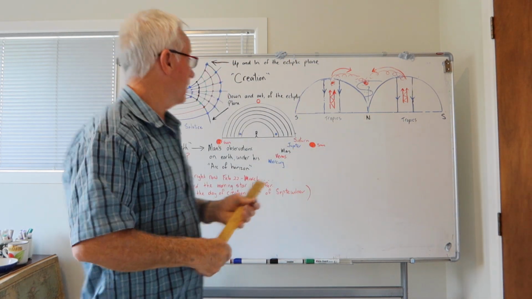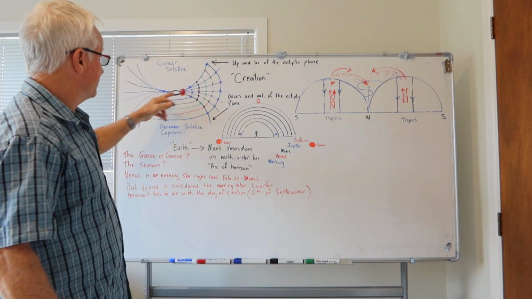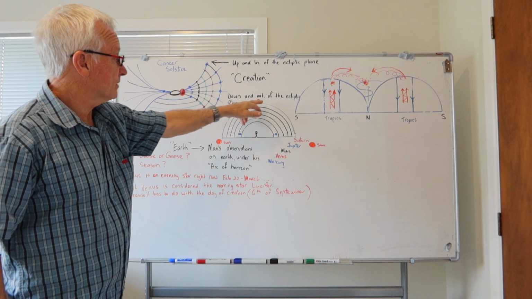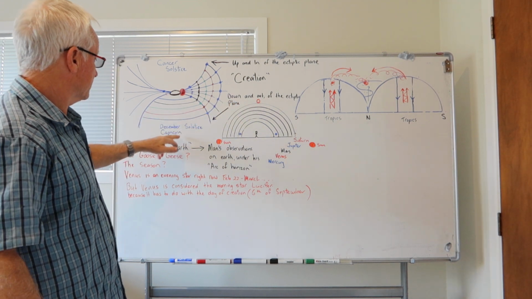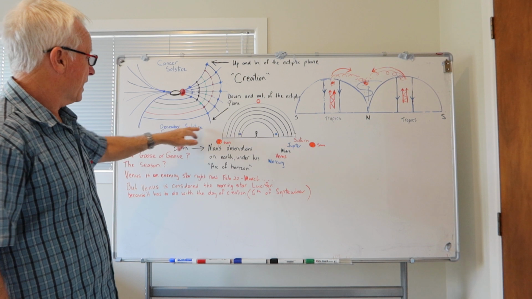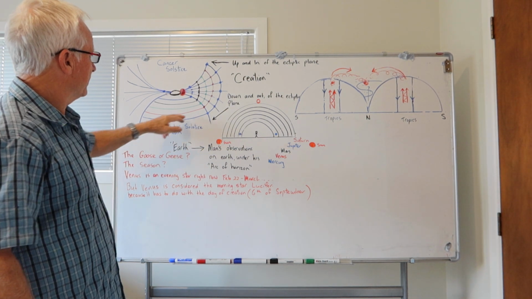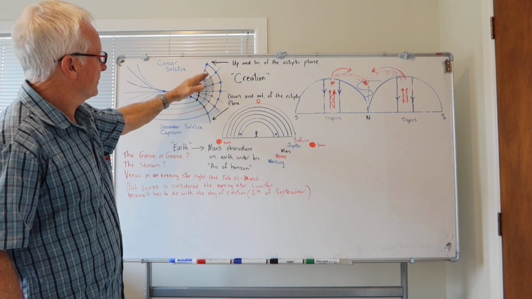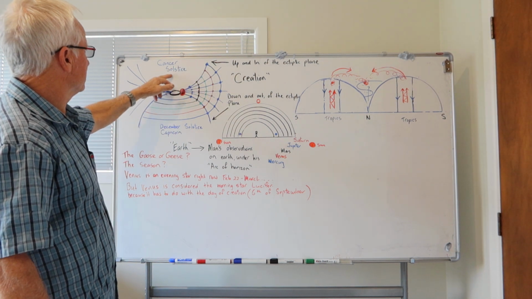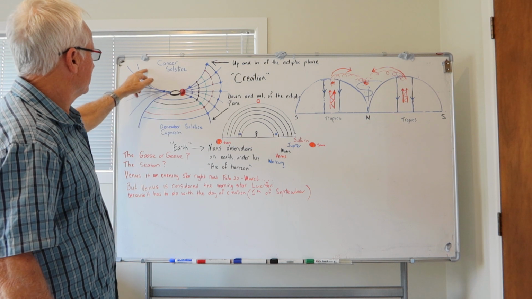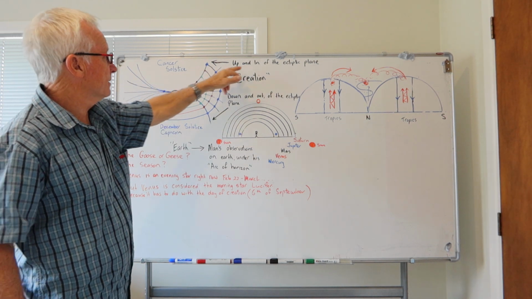The dome flutters up and down. So when it's down and out like this, it's the December solstice, Capricorn, out in the southern hemisphere, the far reaches. But then it starts wandering back up, gets right up to the Cancer, the northern solstice. This is up and in.